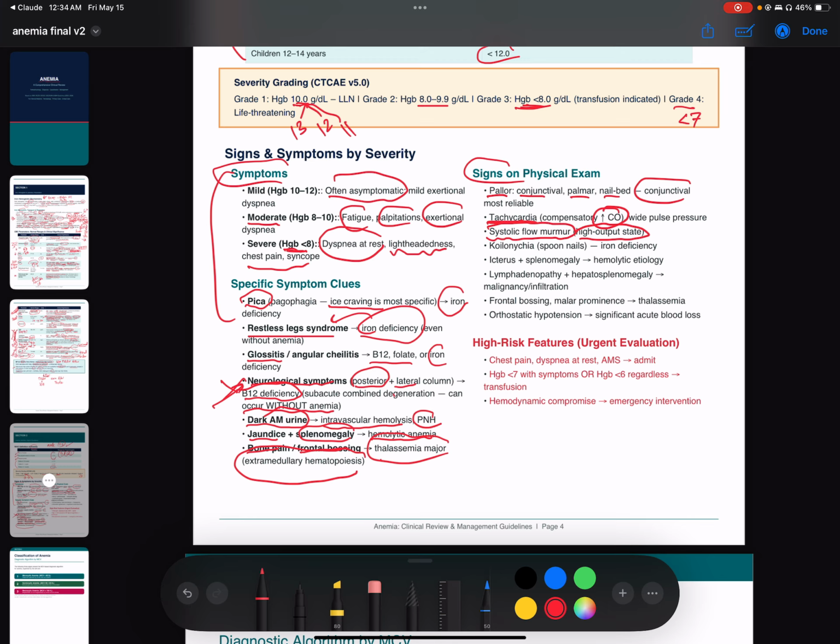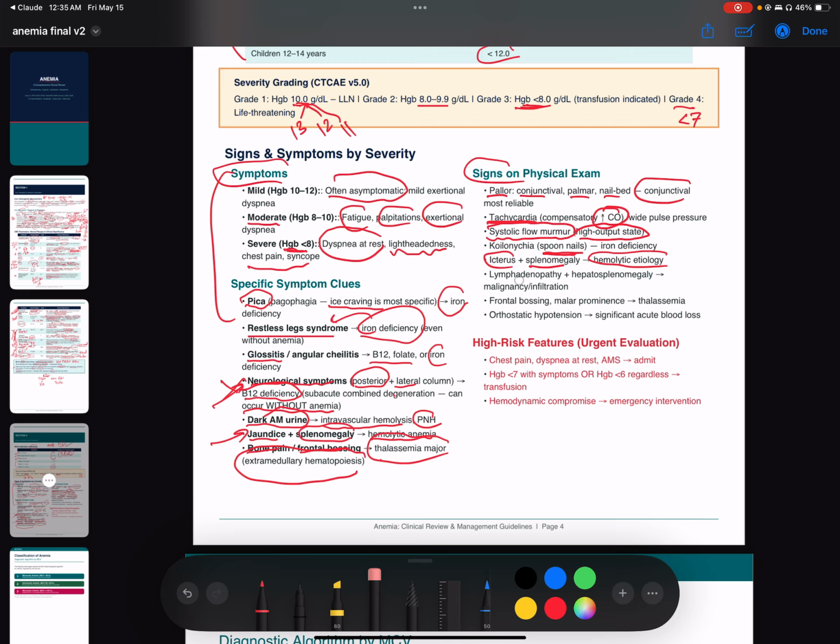The main etiology here is that with anemia, less oxygen is going to the tissue, so the heart is trying to compensate with tachycardia to increase the cardiac output. Sometimes you can find spoon nail changes. Also, icterus and splenomegaly are just different words for jaundice and splenomegaly, which means you have some hemolytic etiology.